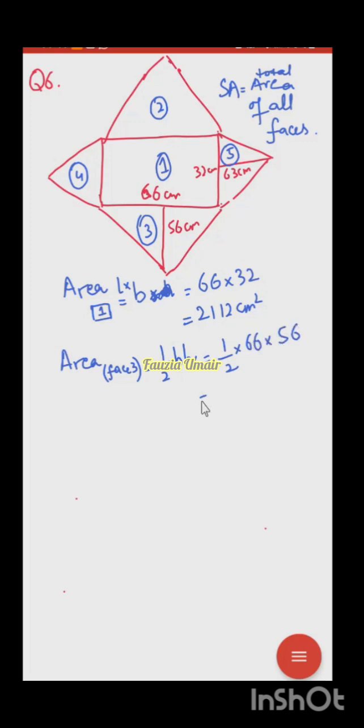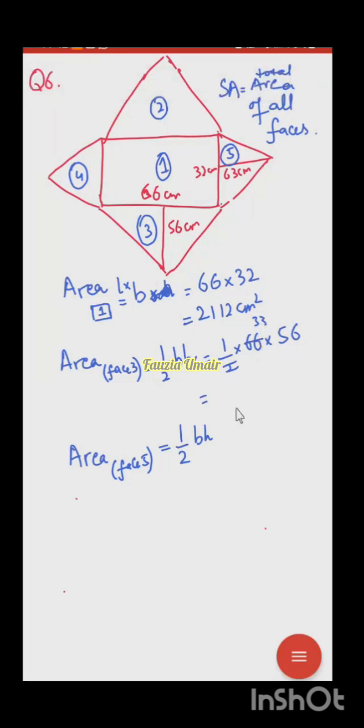So it's half into 66 into 56. Can you calculate it and tell me? Half of 66 becomes 33. What is 56 multiplied by 33?